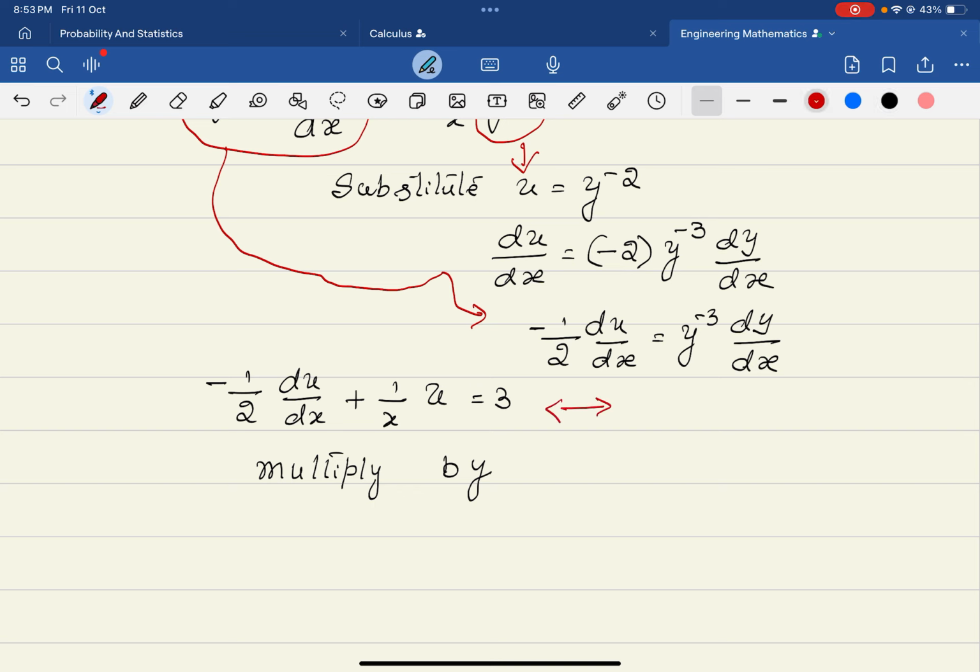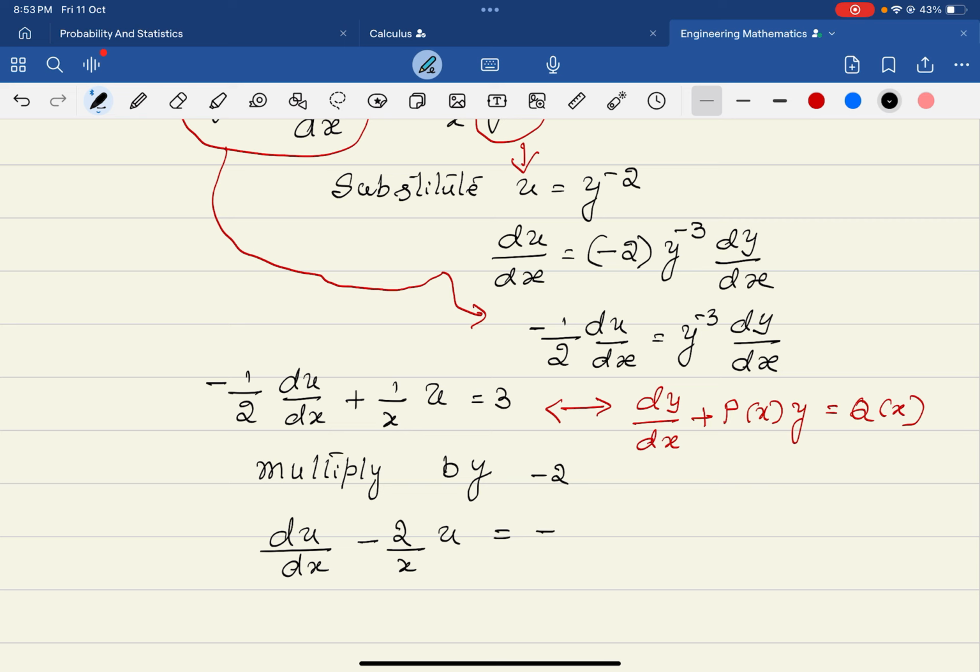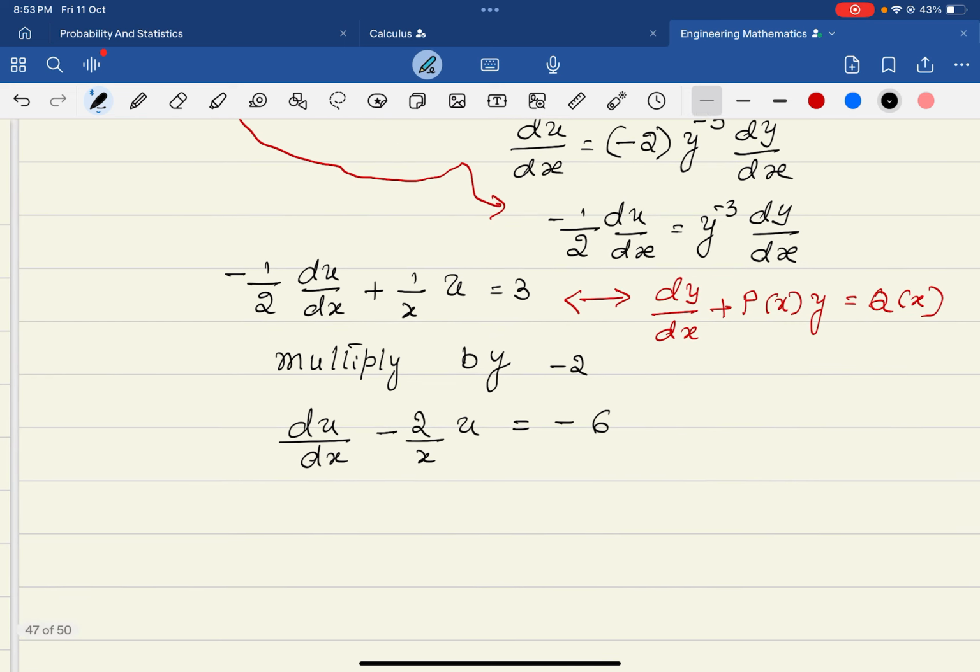Let us compare this with dy by dx plus p of x into y is equal to q of x. So dy by dx is always alone. So we multiply by minus 2 to make it alone. That means multiply by minus 2 so that we get du over dx minus 2 over x into u is equal to minus 6. 3 into minus 2 is minus 6.